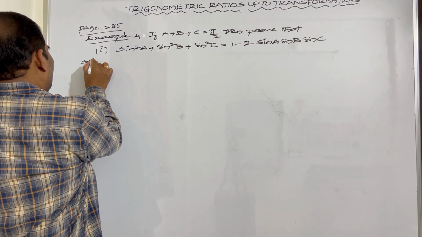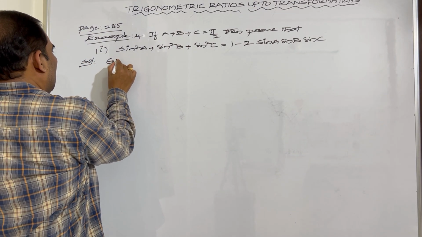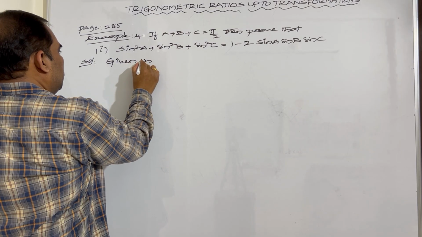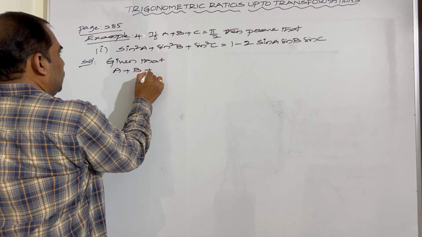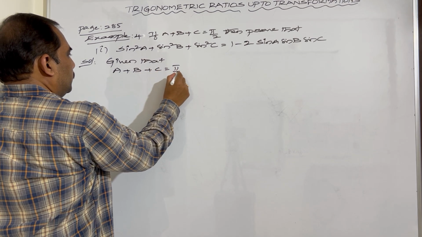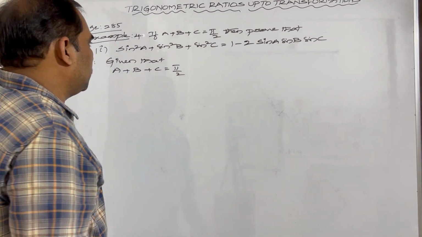So in the solution, given that a plus b plus c is equal to pi by 2. So what is given here? LHS.